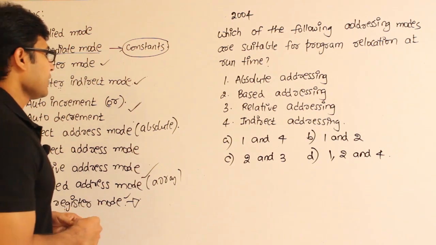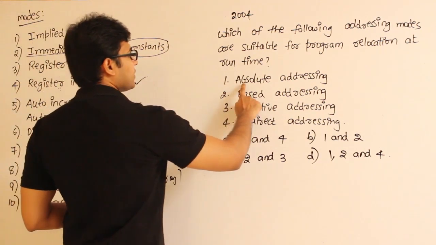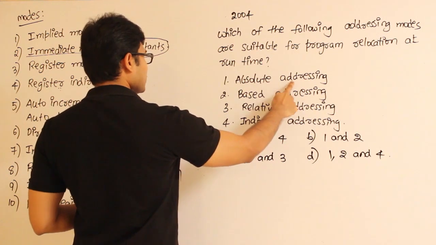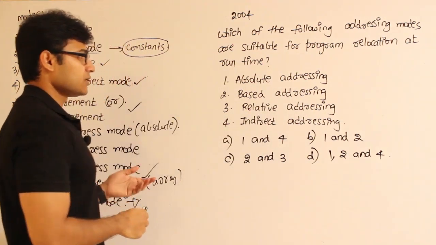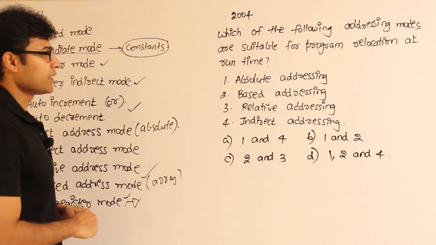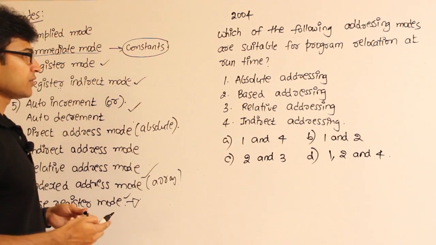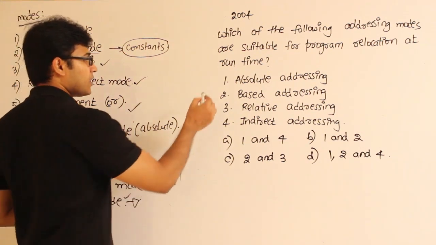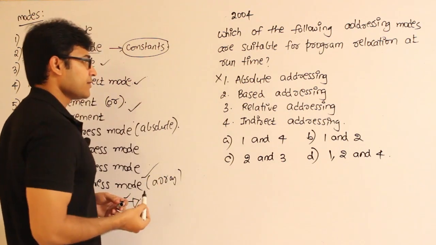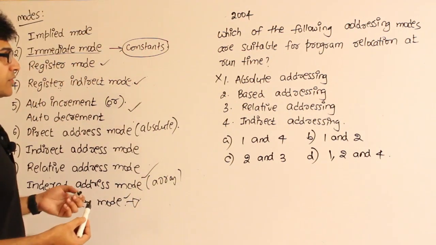See this. Now the first one, they are asking, is absolute addressing mode useful for program relocation? Just now we have seen that absolute addressing mode is never useful for program relocation, right? So direct addressing mode or absolute addressing mode is never useful.